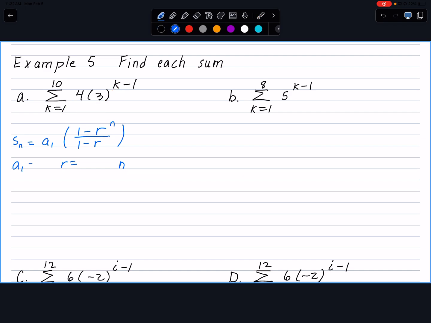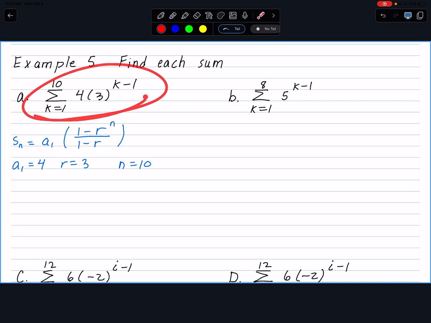So my first term is 4. The common ratio is the number in the parentheses, so our common ratio is 3, and n is this value right there. I want you to notice, though, that if it's in this form, like this, your first term is always this.